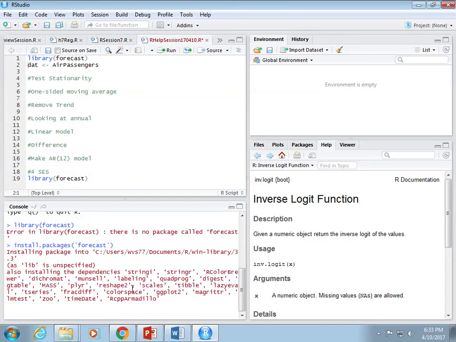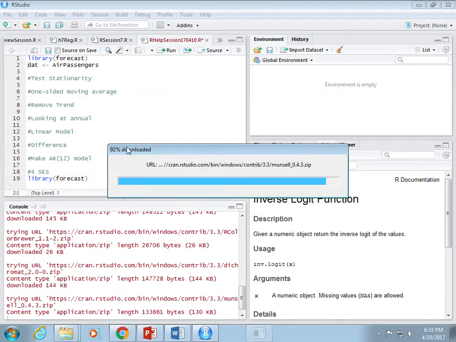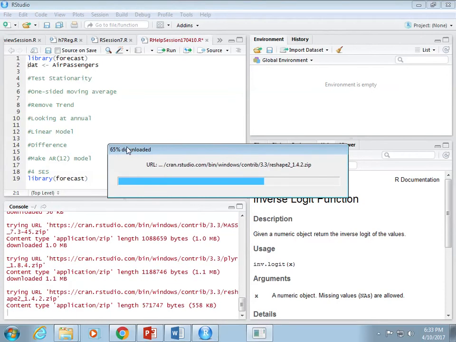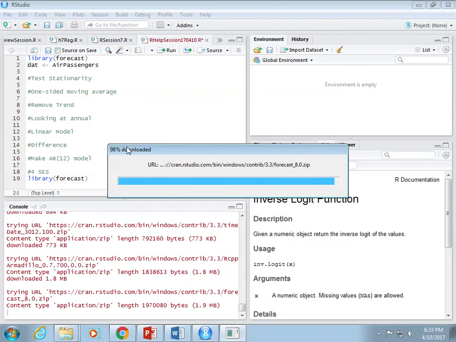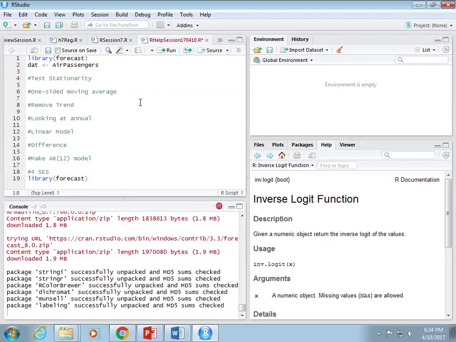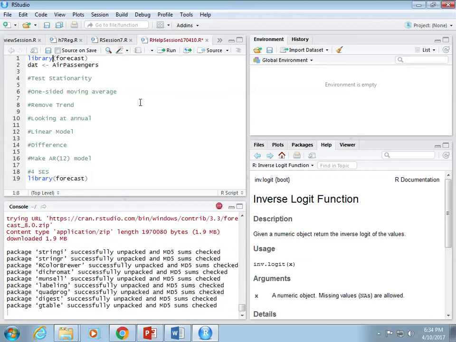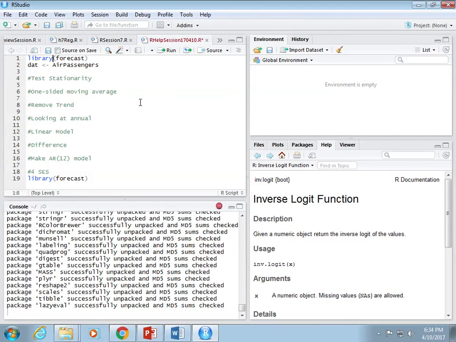And once it's installed, this one takes a while.